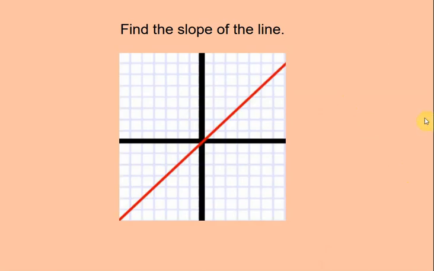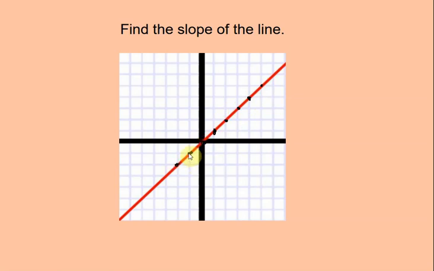In this next example, they didn't put dots for me in order for me to find the slope. So I'll have to find my own places where my line crosses the little crisscrosses. Well, it's crossing here, here, here, here, at all of these crisscrosses, right here in the middle.